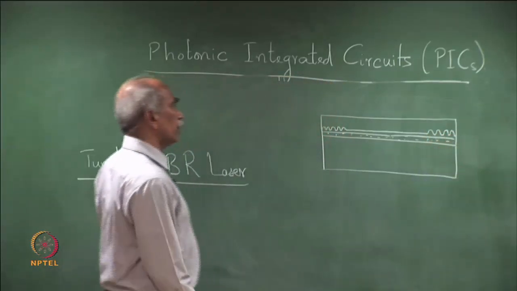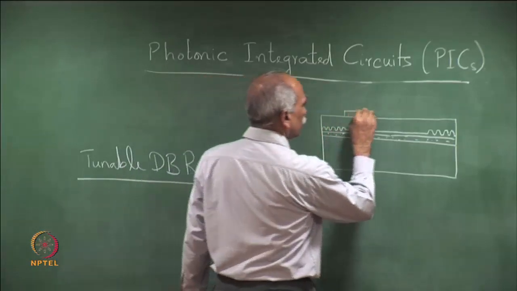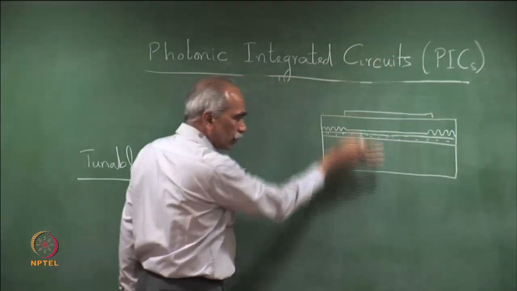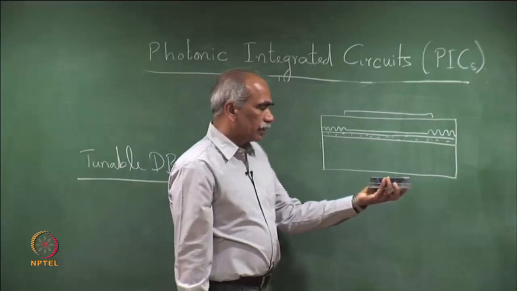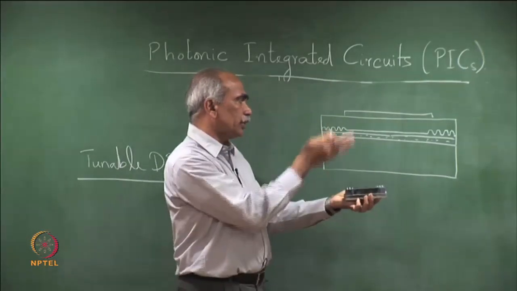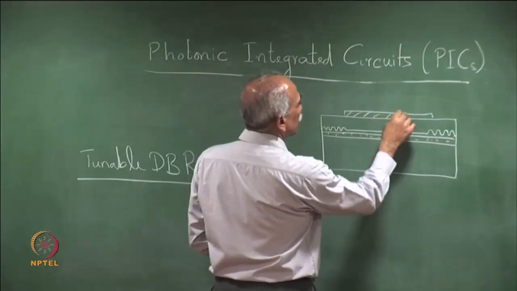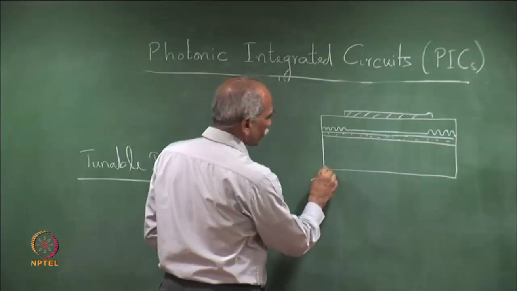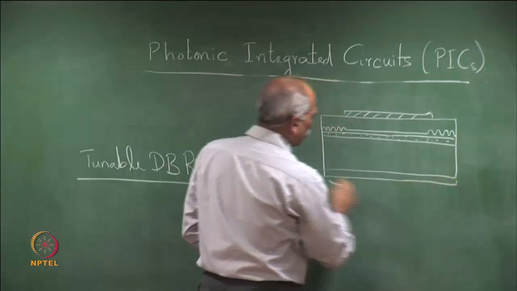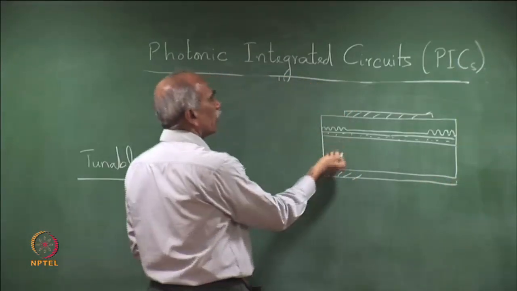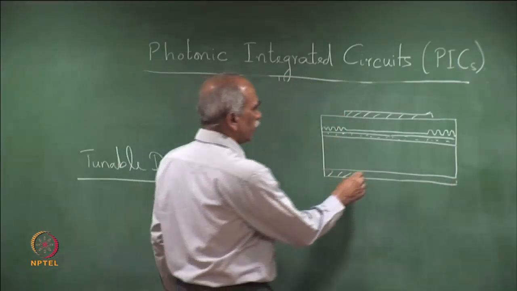So, this is what we had discussed, and this is a longitudinal cross section of the device. We are looking at the simplest longitudinal cross section, and here is the metal electrode and the electrode here.